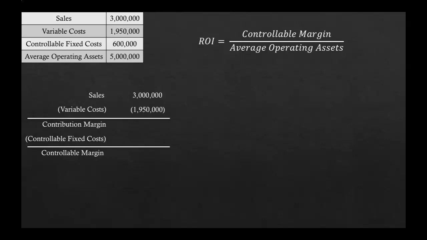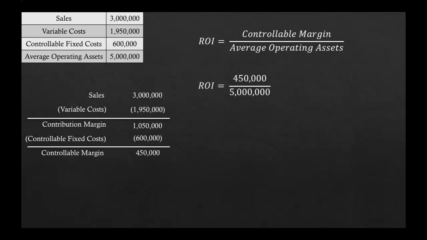You subtract out your variable cost, and that gets you your contribution margin. Now your contribution margin minus your controllable fixed costs, which we were given as 600,000, that will give us our controllable margin.